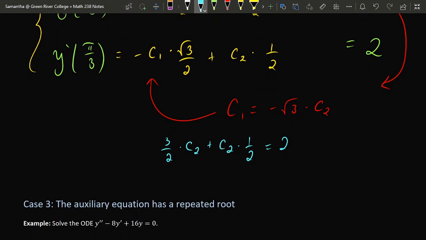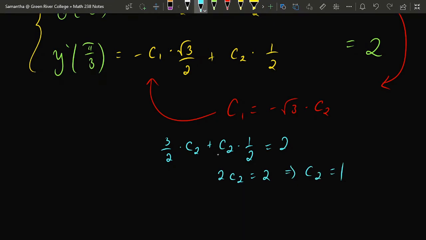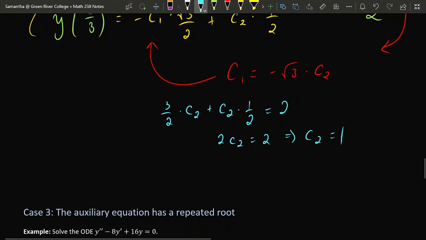This implies 2c2 is 2, and therefore c2 is equal to 1. And based on that, if I plug that information back into this red equation, then I find that c1 must be equal to negative root 3.